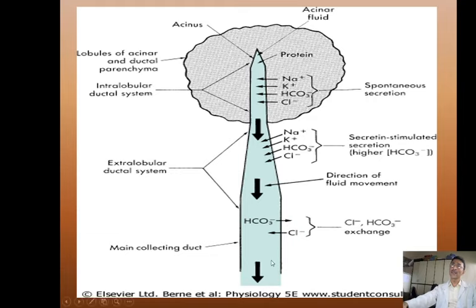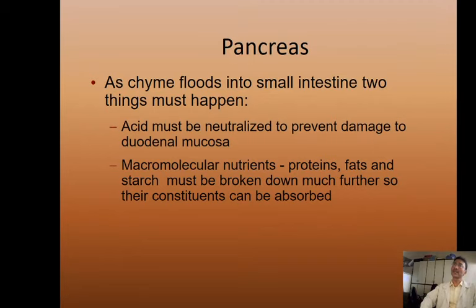So ultimately the pancreatic juice which is secreted into the lumen of the duodenum consists of two components. One, a fluid component which is rich in bicarbonate ions with water, and the other, the enzymatic component consisting of digestive enzymes.